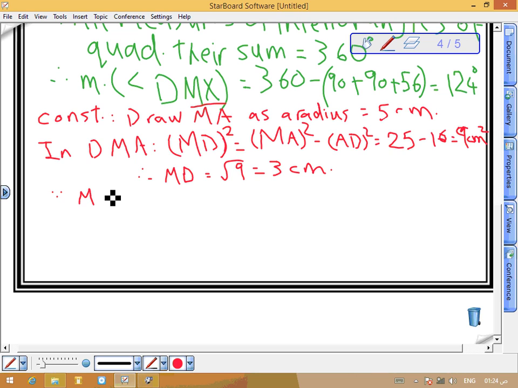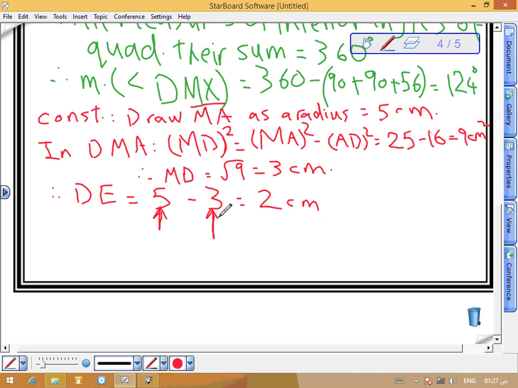Since ME equals 5 centimeter minus 3 centimeter, we have that the length of DE will be equals 5 centimeter minus 3 centimeter equals 2 centimeter, and the 5 comes due to the length of the radius equals 5 centimeter, and 3 comes due to the length of MD equals 3 centimeter.